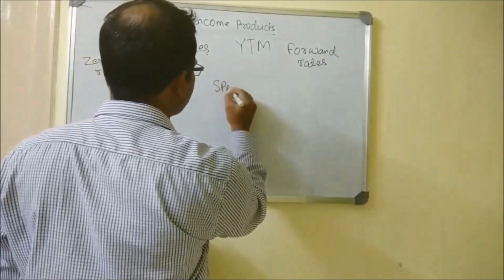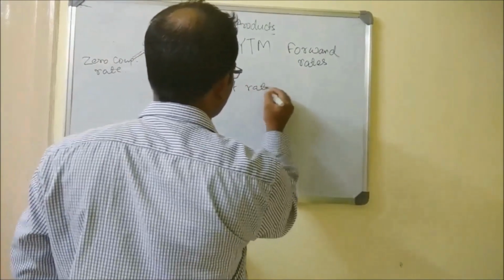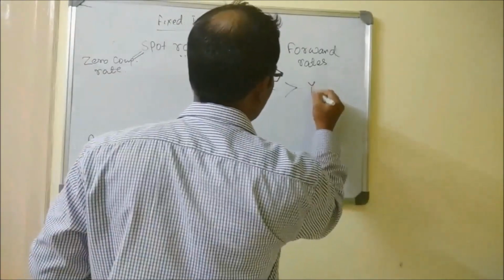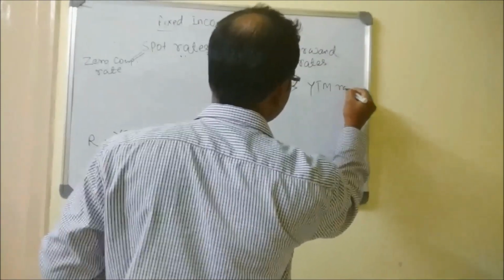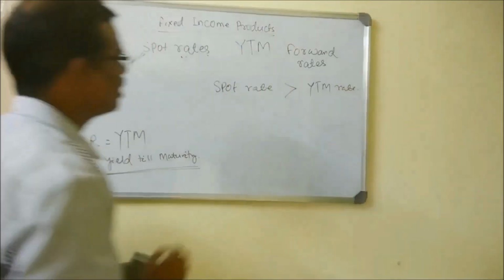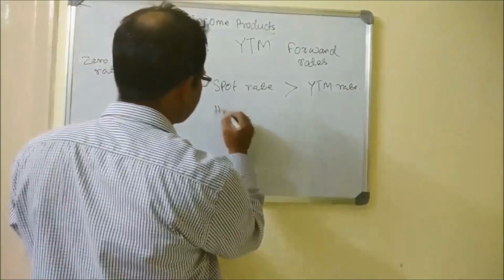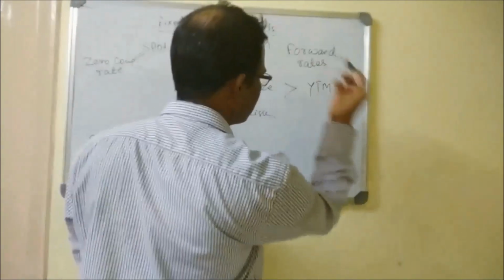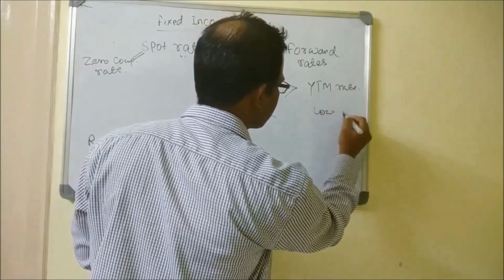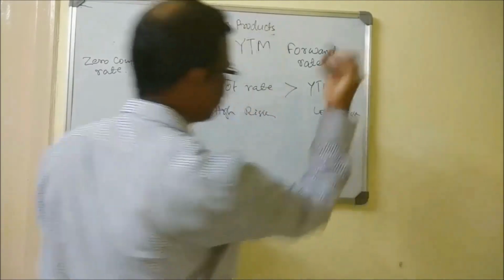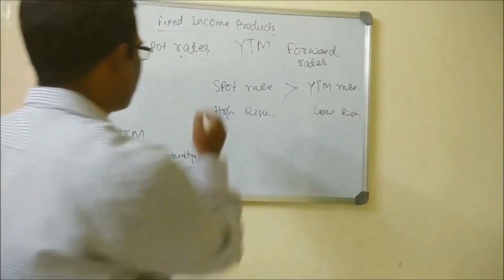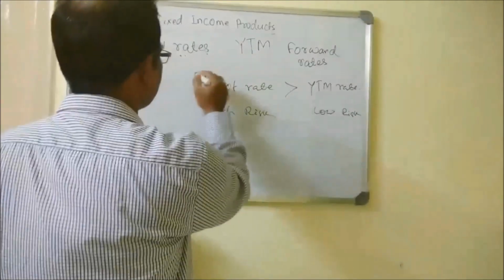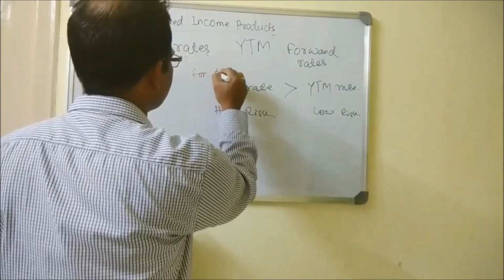So always the spot rate will be higher than the YTM rate, because the risk is high, so the interest rate will be high. Here the risk is less, so the YTM rate will be less. For the same tenure we are discussing.